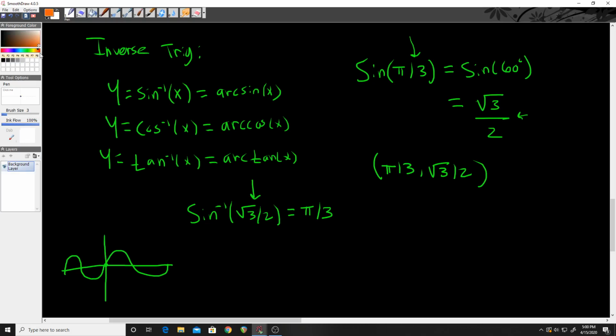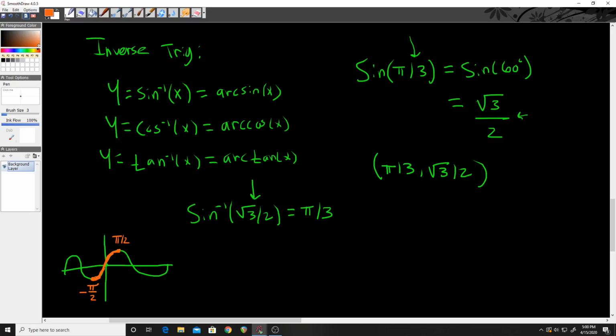However, if we cut the function off here at the minimum, and then cut it off here at the maximum, and then just go from the min to the max, in other words, just this orange bit here. If we just consider the orange bit, this passes both vertical and horizontal line tests, and this happens from the max to the min, which is minus pi over 2 to pi over 2.